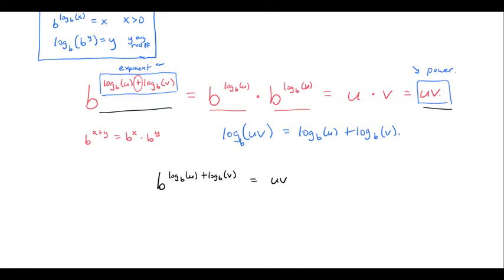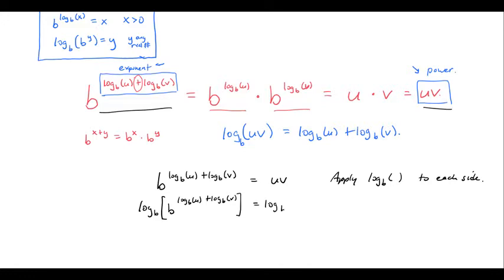And now I can apply the function log base b to each side, as long as I'm making sure to apply it to the entire side. So log base b of this whole thing, b to the log base b of u plus log base b of v, is equal to the log base b of uv.